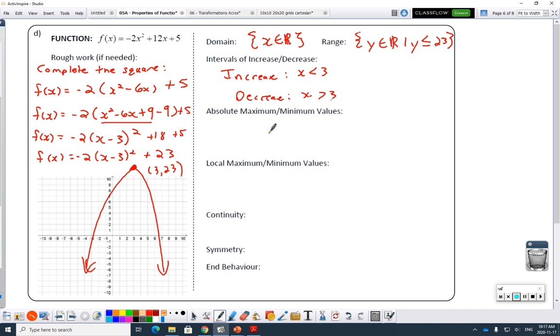Absolute max and min: max 23, no min. Local max and mins: max 23, no min. No discontinuities.